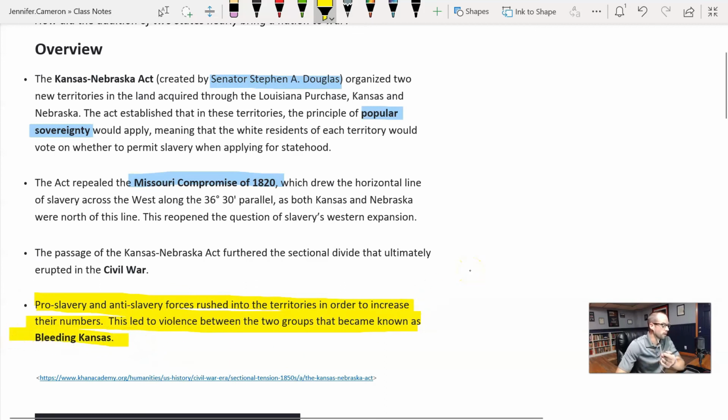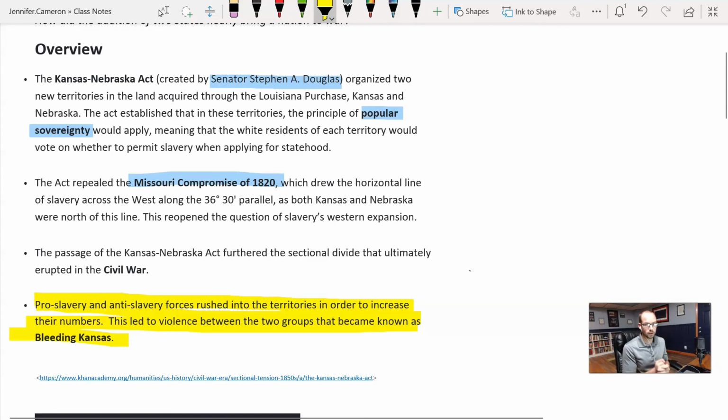So again, the pro-slavery and the anti-slavery forces are going to send people into those territories to increase their numbers. Their hope is if they get more pro-slavery people in Kansas, they'll win the vote and slavery will be allowed.